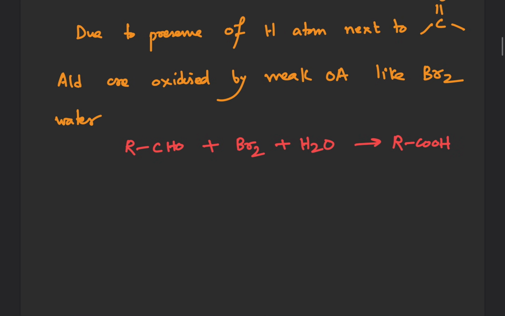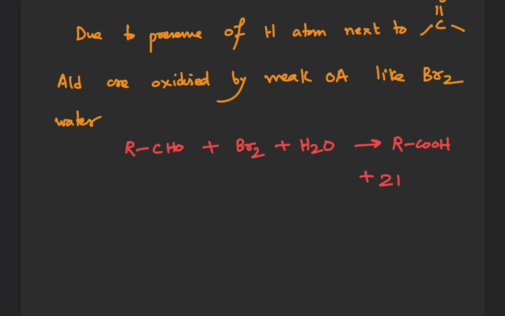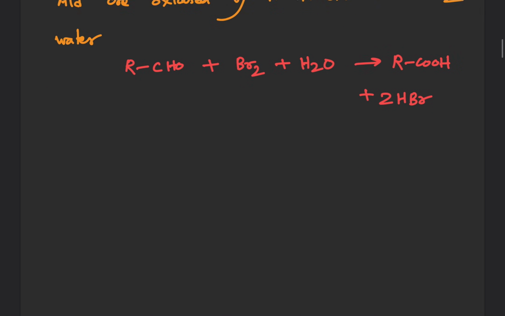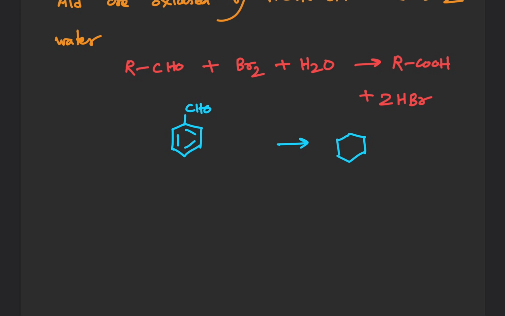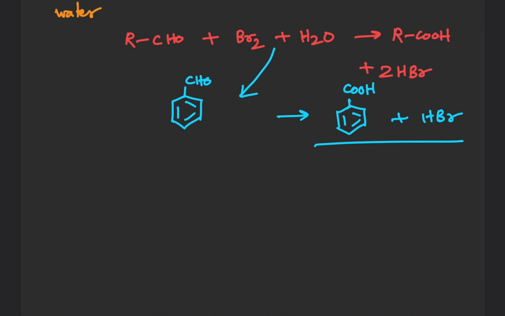So they are oxidized to carboxylic acids with HBr as the side product. Okay, so in our case we have benzaldehyde. So upon oxidation we'll be getting benzoic acid and obviously HBr in the presence of bromine water. Okay, and none of the products is a white precipitate. So therefore the fourth is also incorrect.